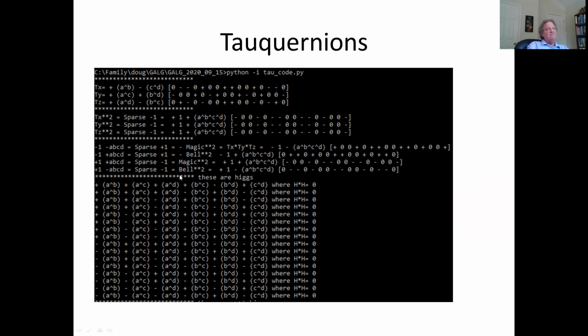And notice it's all even subalgebras. Okay, and so the Higgs, anything that has bivectors in it, and it wouldn't necessarily affect anything that has even grade.